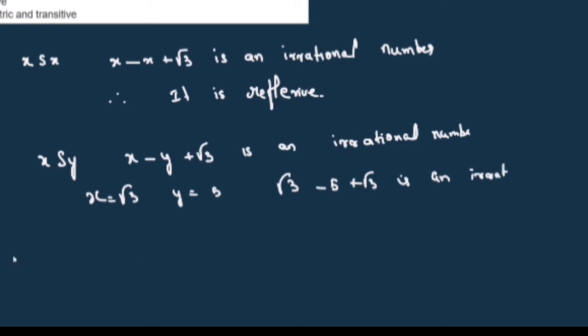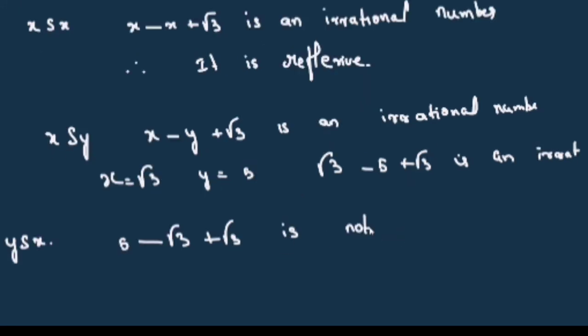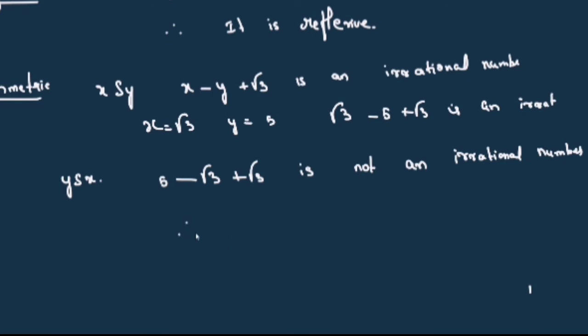But if you reverse the relation, that is y and x, substitute x as 5 and y as root 3: 5 minus root 3 plus root 3 is not an irrational number, because the constants cancel. One example is enough. So it is not symmetric.